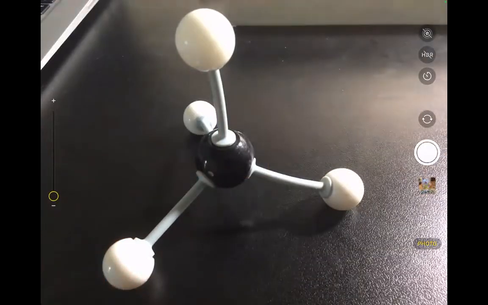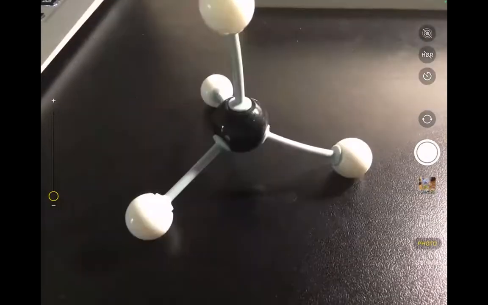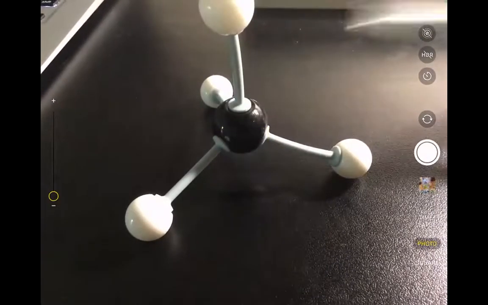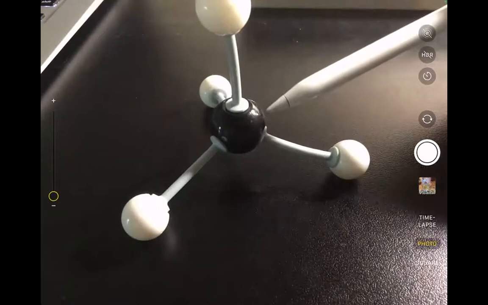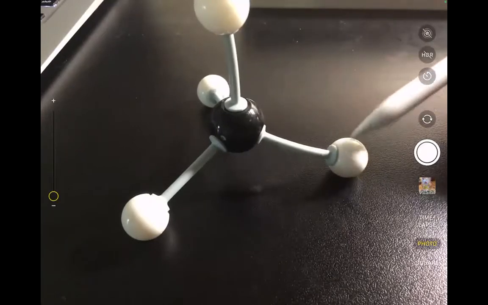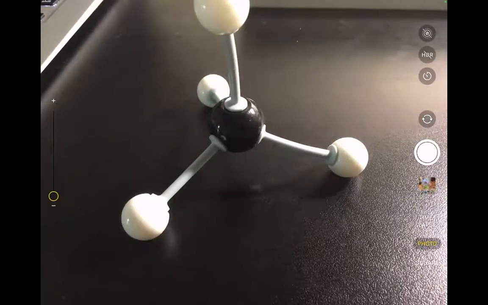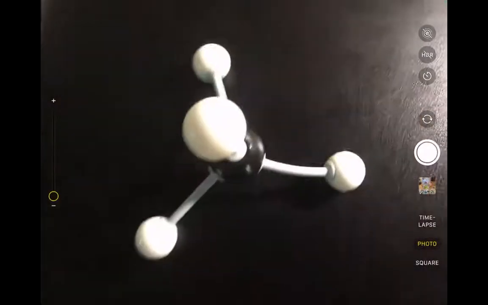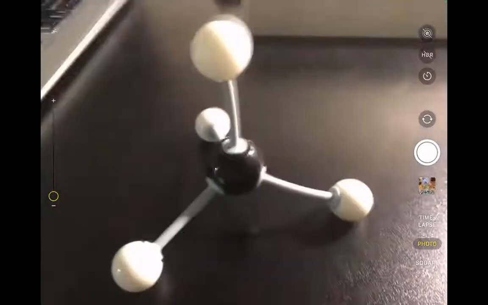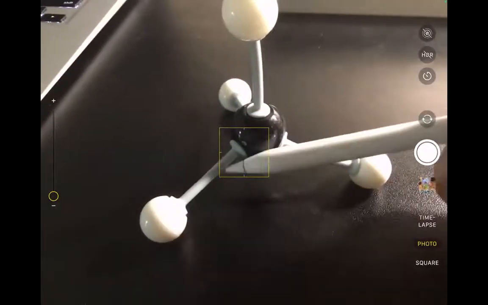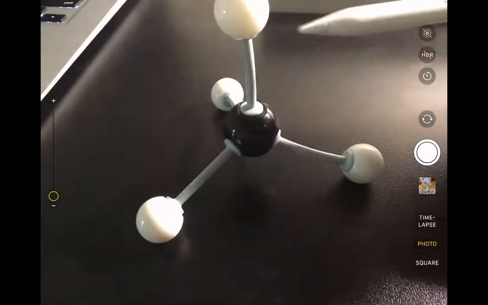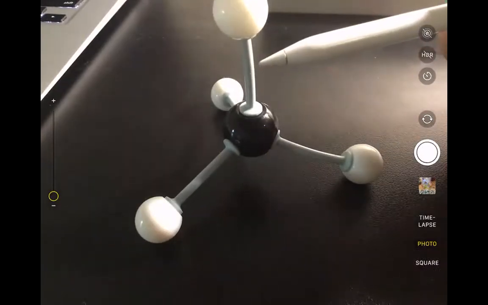So basically, if you are taking this perspective and looking at it from the top down, notice how this black sphere is above these three white spheres. And so if your perspective is looking at it from the top down like this, then these three bonds would be dashed, and then this is wedged.